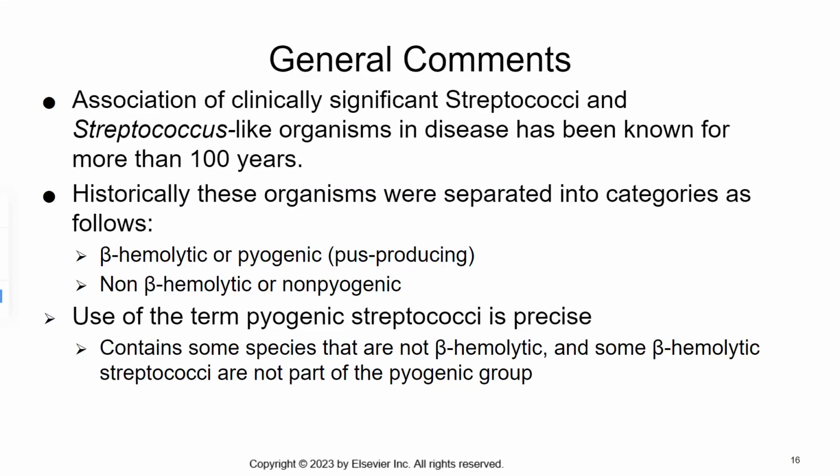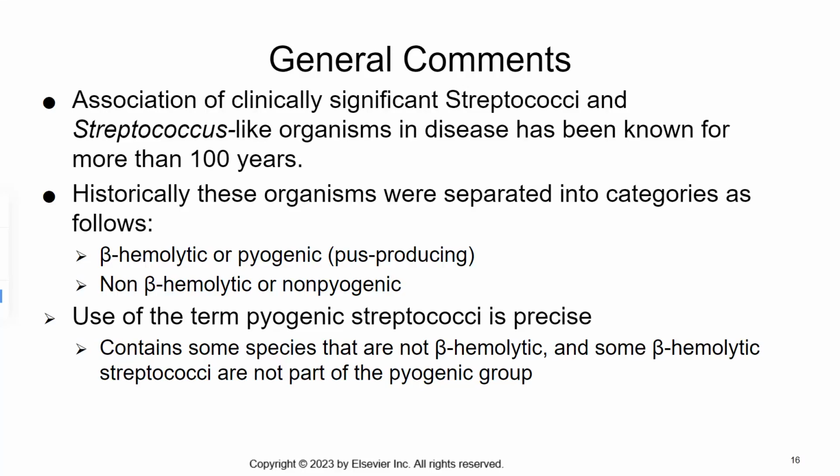Clinically significant Streptococcus species. The association of clinically significant strep and strep-like organisms in disease has been known for more than 100 years. Historically, these organisms were separated into categories as follows. There were the beta hemolytic or pyogenic pus-producing ones, and then the non-beta hemolytic or non-pyogenic ones.